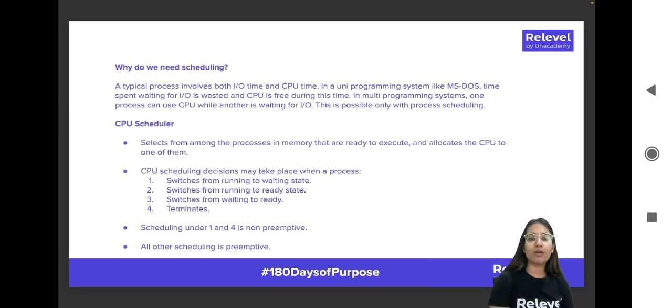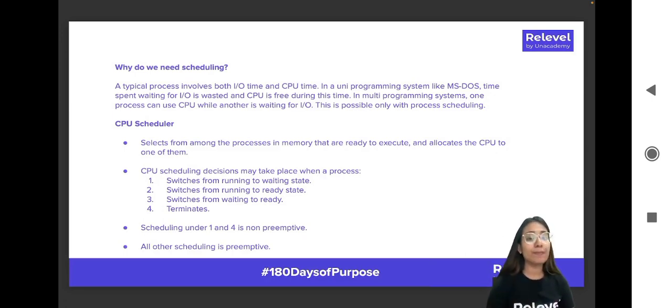When we bring that process into the running state, we allocate CPU resources to it and its execution happens. This process of selecting a process from the ready state and bringing it into the running state is known as CPU scheduling, and we allocate the CPU to the selected process.